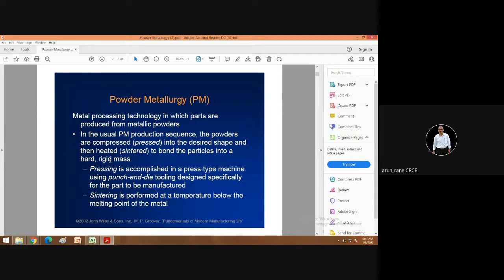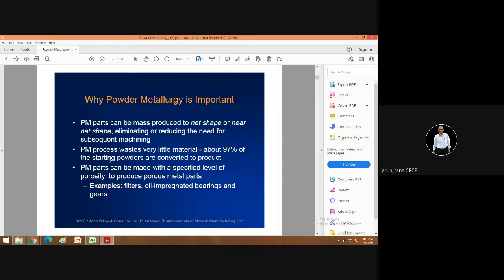Most of the things are covered. Here it is stated why powder metallurgy is important. So based on all these different notes which I have shared, you can prepare your own notes.